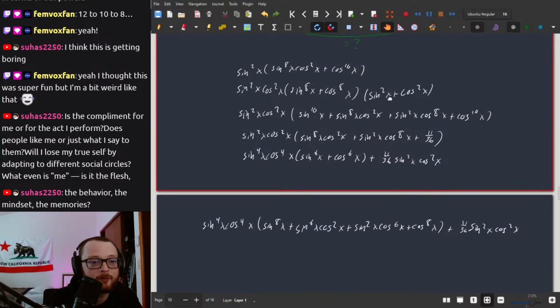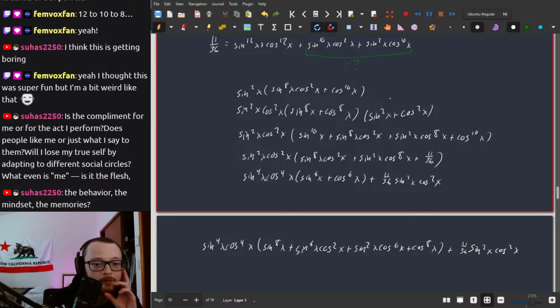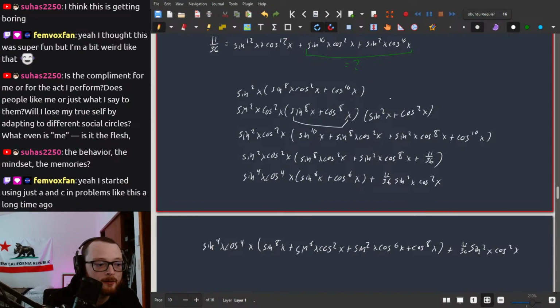So sine to the 8th plus cosine to the 8th. Hopefully we have that. Oh god. It's equal to that?